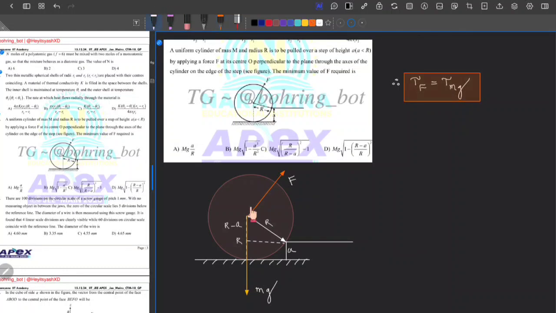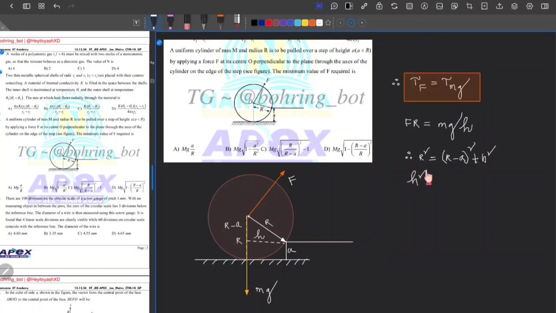Therefore, torque due to this force is force into R, which is F into R, and it will be equal to the torque due to this weight. Weight is mg. What is the perpendicular distance about this axis? We don't know how much it is, let's say h. So mg into h. From the right angle triangle, R square equals R minus a whole square plus h square.